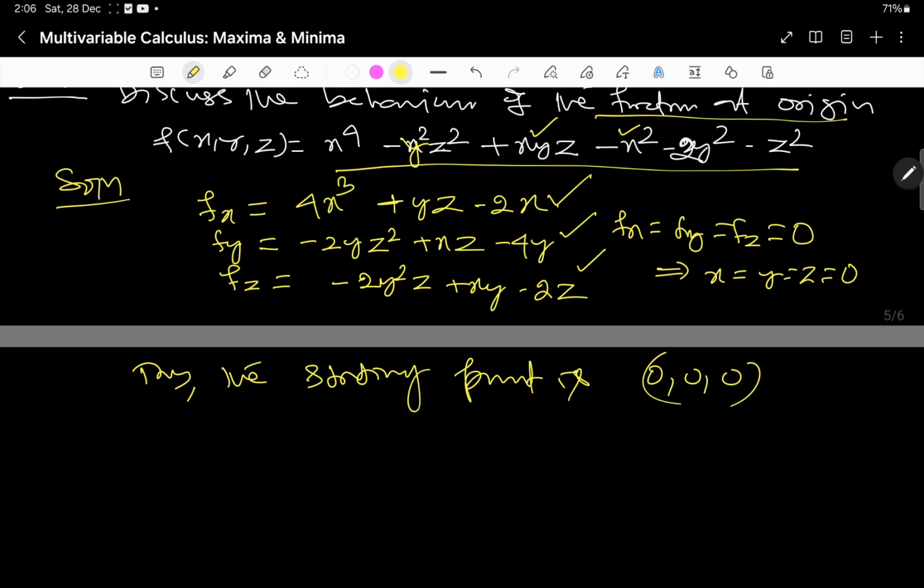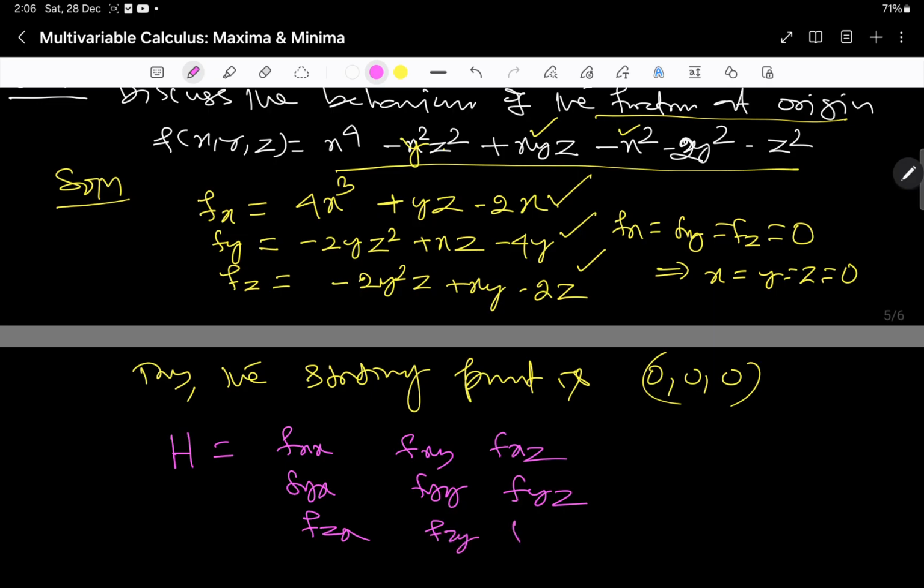Now we have to think of the Hessian matrix. What is my Hessian matrix now? Here H will be fxx, fxy, fxz, fyx, fyy, fyz, fzx, fzy, fzz, right? This is the matrix at the point origin.